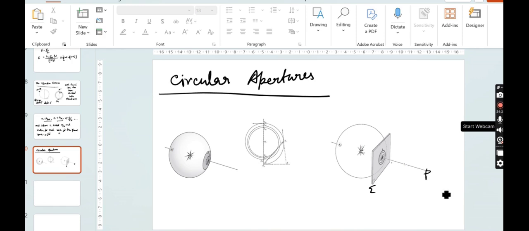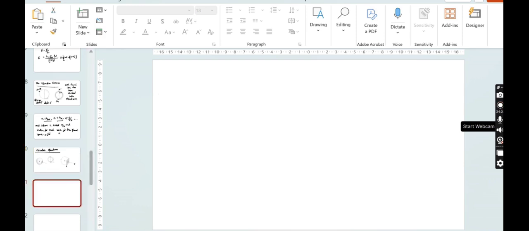This is the source, this is the circular aperture, but we need to assume that the wavefront is flowing through the aperture. So now also at P we will show that an integral number of zones is filling the aperture.